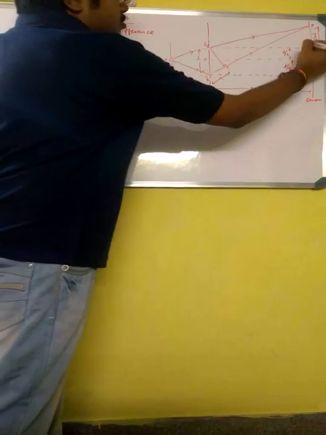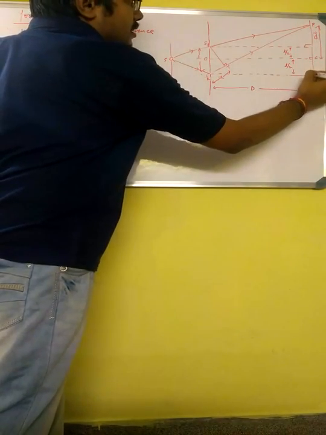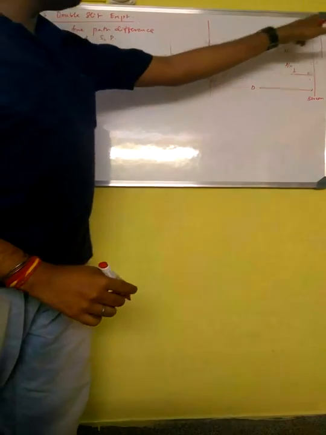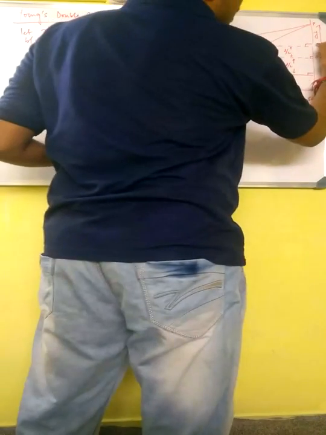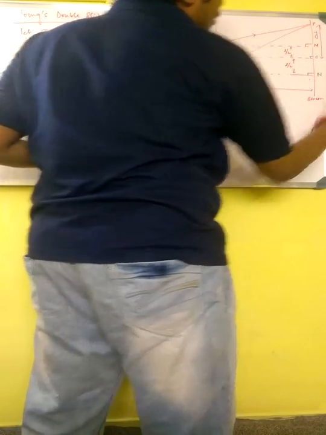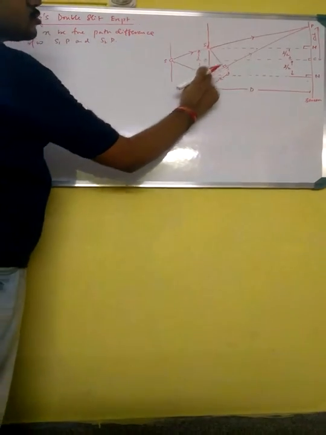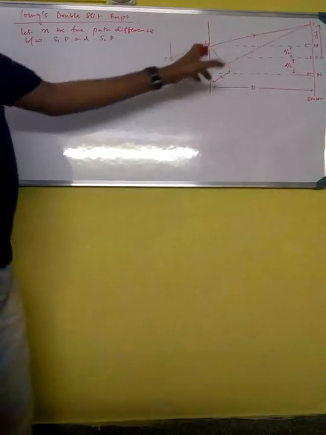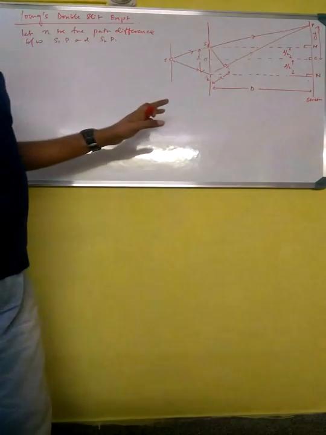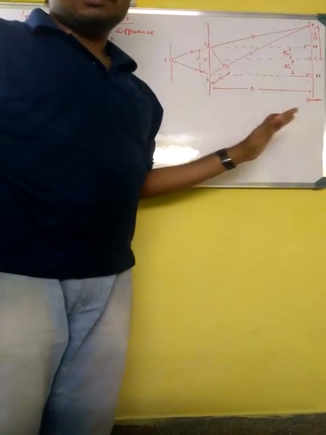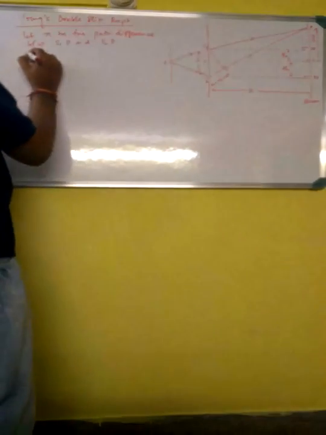Now we'll treat these two triangles, which are right angle triangles, triangle S1PM and triangle S2PN. So we will apply the Pythagoras theorem.